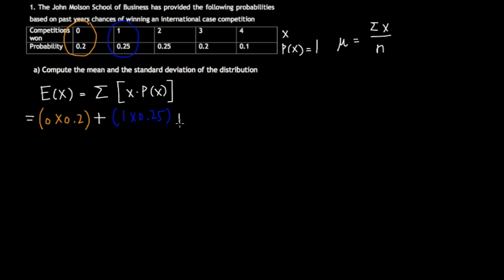Plus, we know that winning 2 competitions within this given year occurs also 25% of the time.